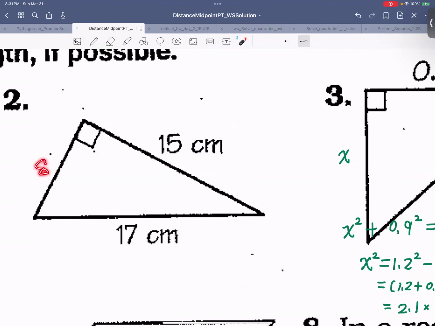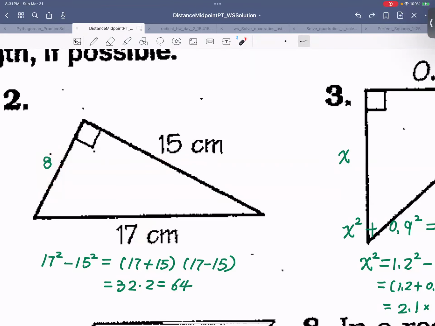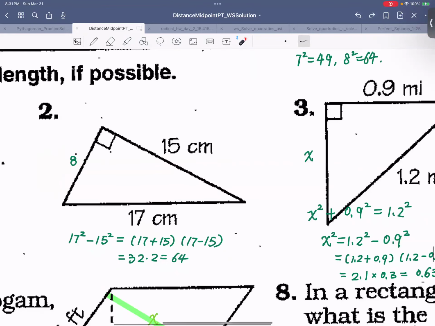Do you need to calculate to say, oh, x squared plus 15 squared equals 17 squared, then this is 289, then this is 225? No, too slow. Don't do that. 8, 15, 17. 1 second, you have your answer. Next one.